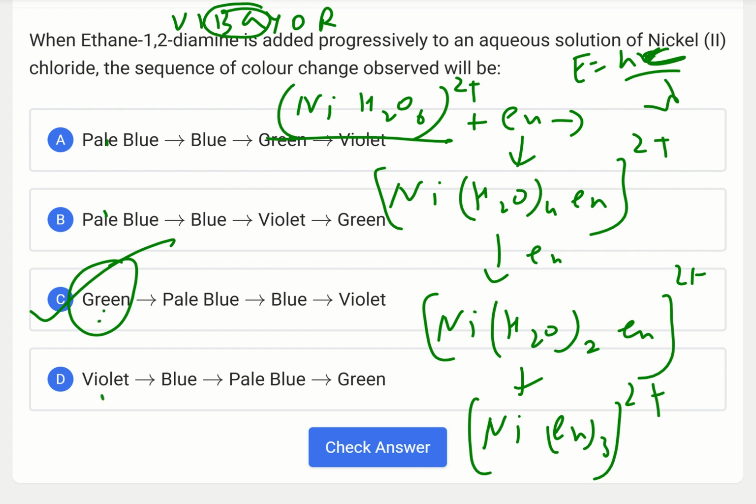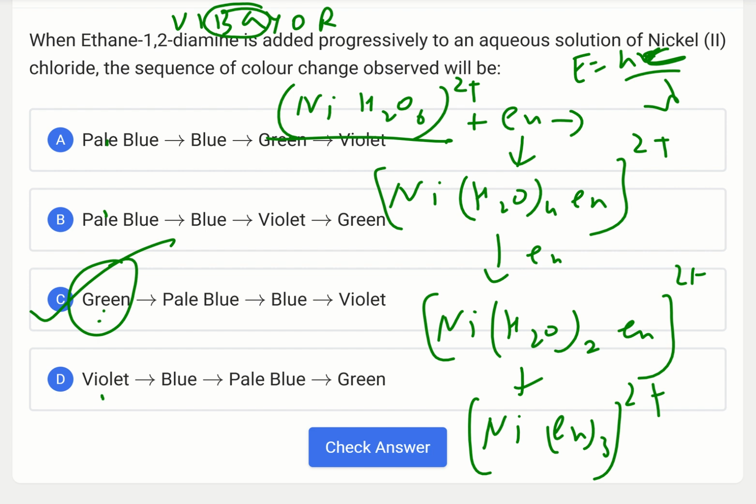C is my option. Now kids might be saying, some students say, sir, this is a memory based question. Kids, this is not a memory based question.